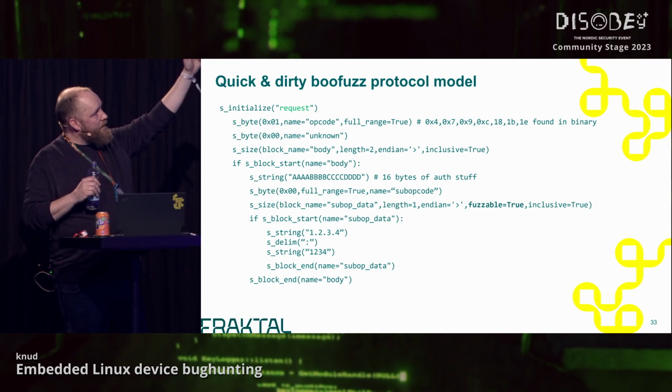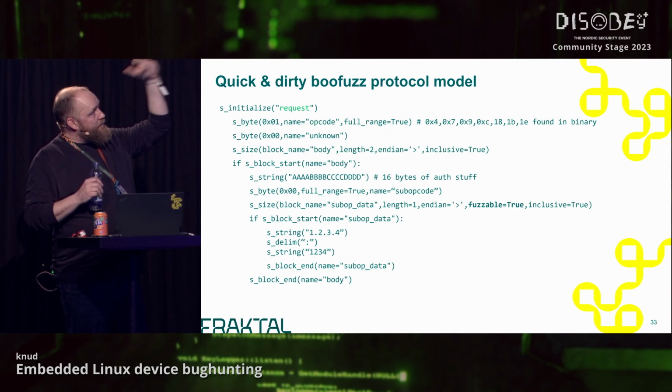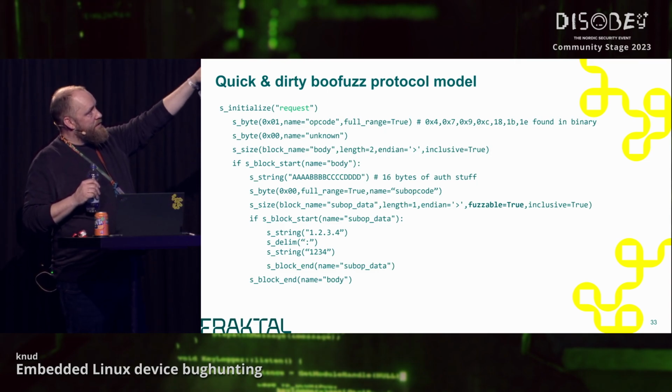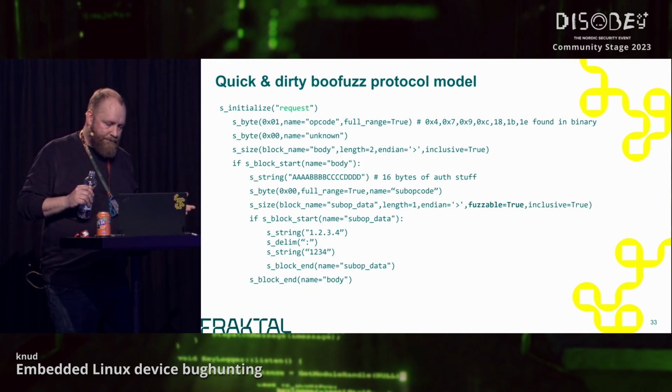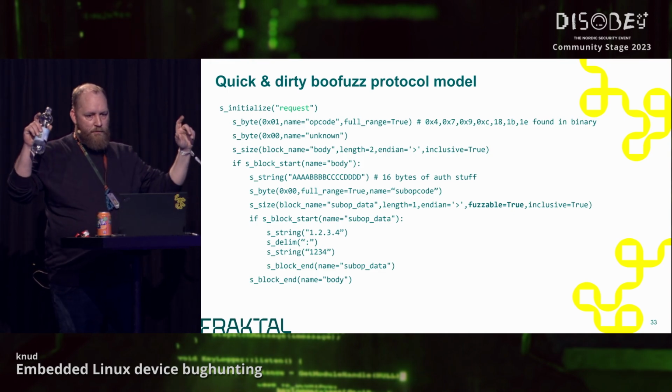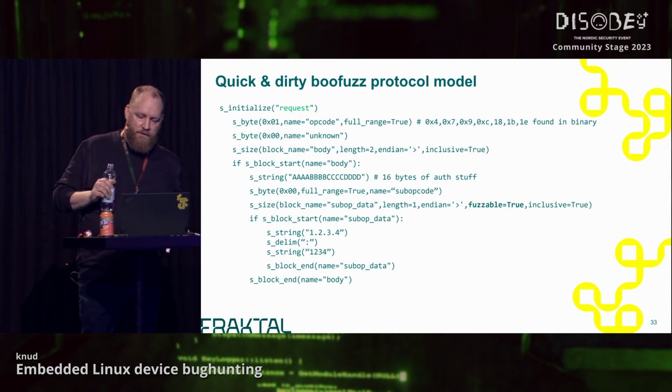So for all the values, like the byte value at the top where it says S byte 0x01, it's going to substitute and put in a lot of known bad and random byte values and so on.